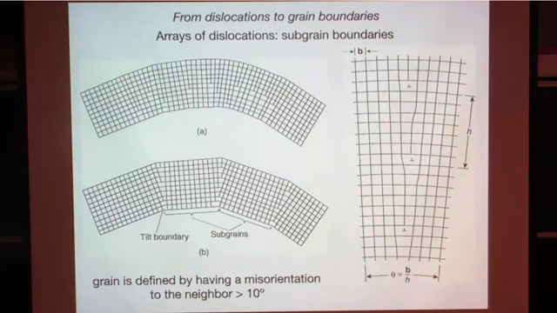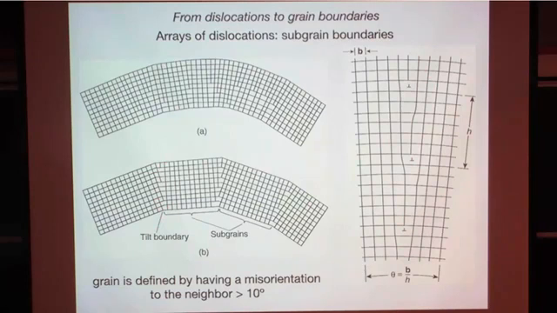In particular, you're misorienting one side of the crystal relative to the other side. And in this very basic model, this misorientation angle depends on how closely spaced these dislocations are. If you put enough of them in, you get eventually a grain boundary, right?